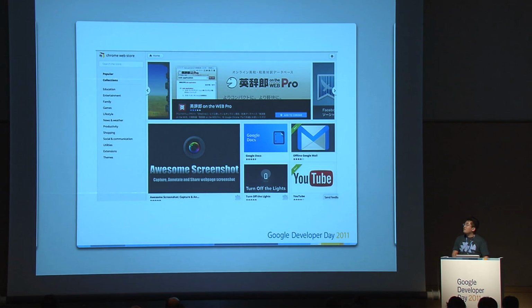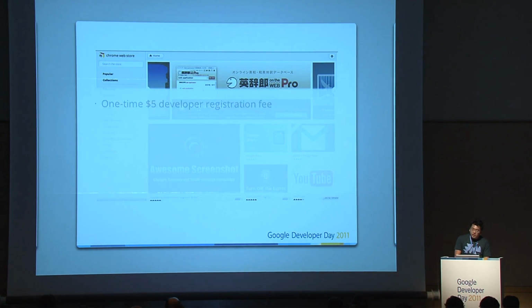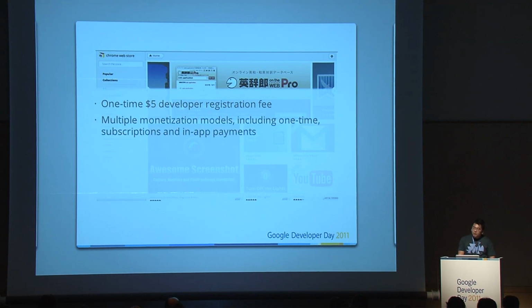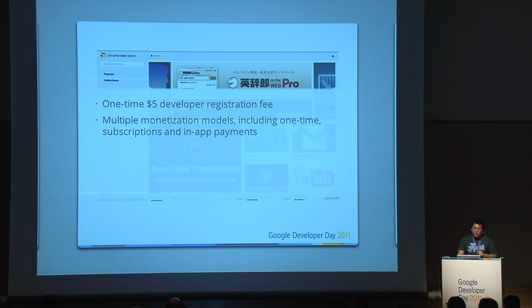There are also several other benefits for developers. The first one is that it's very cheap to distribute your web app through Chrome Web Store. There's only a $5 fee. Also, Chrome Web Store removes a lot of the red tape associated with distributing your apps. You can choose multiple monetization models.